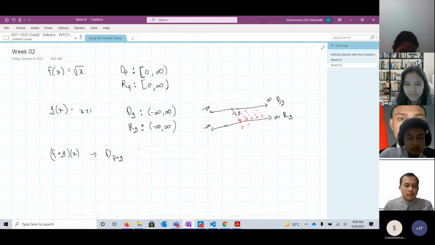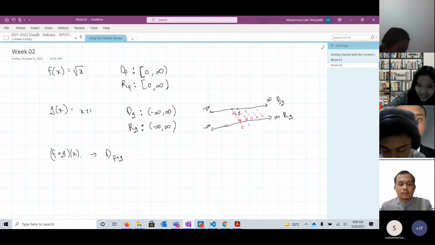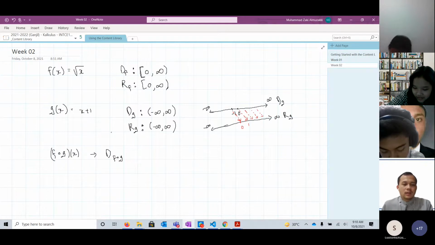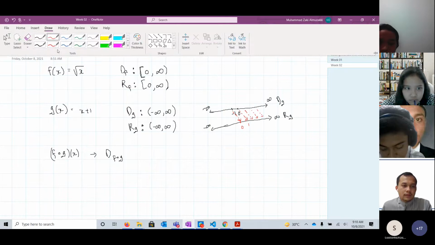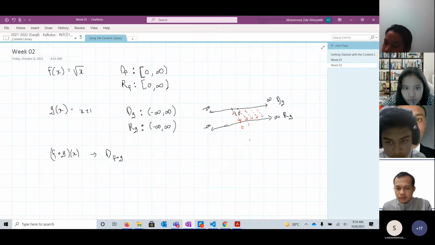Now, because we want to compose f with g, what is the domain of f composed with g? We need to take a look at the domain of f. Now, the domain of f is, okay, let's take the blue one.